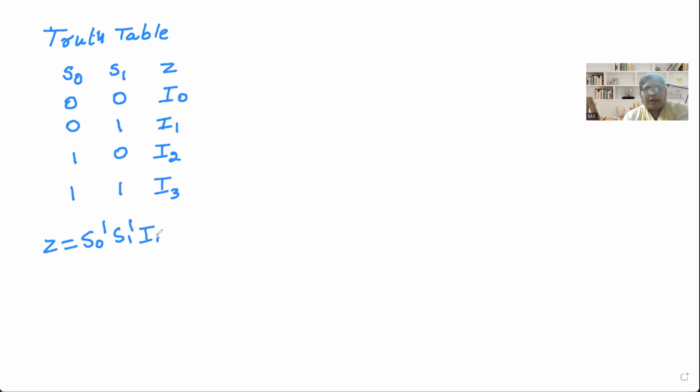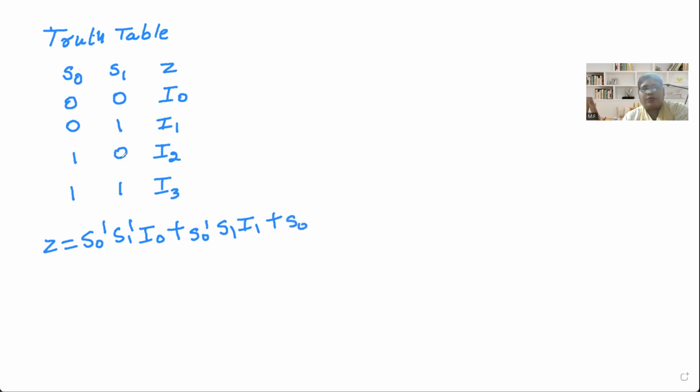So I write here I0, then plus, for the next row, this is 0, so S0 dash, and this is 1, so the value of S1 is taken as it is. So I write S0 dash S1, and the output I want to connect is I1, so I write I1. Then plus, the value of S0 here is equal to 1, so I write S0. Now what is the value of S1?